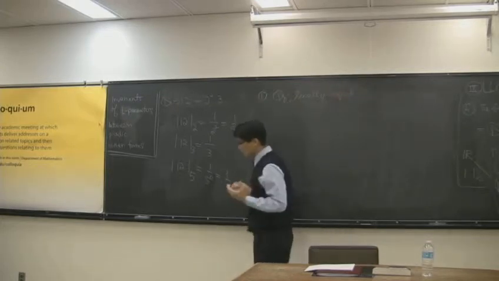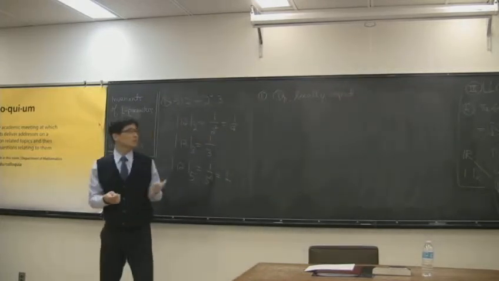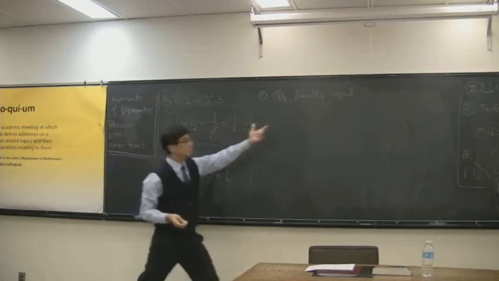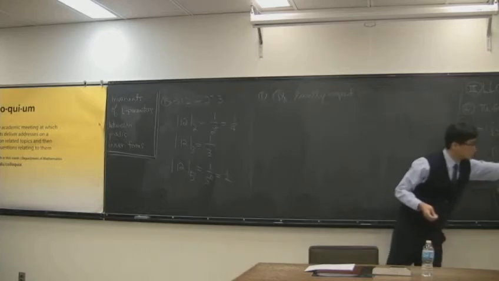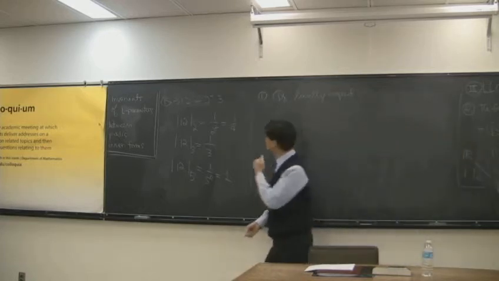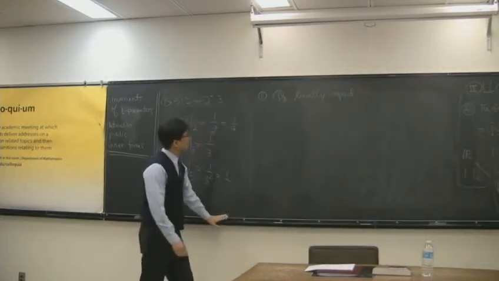It is also totally disconnected. This property, especially the total disconnectedness, comes from the property of the p-adic metric. So this is the first property that I want to tell you.